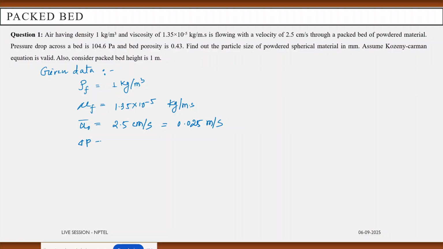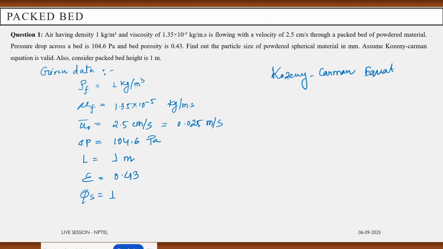Also del P is 104.6 Pascal, L equals 1 meter, bed porosity is 0.43. And you have considered a spherical particle, so the sphericity is 1. It is already noted that you have to use the Kozeny-Carman equation.